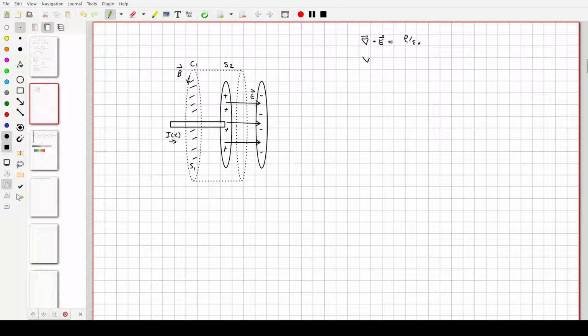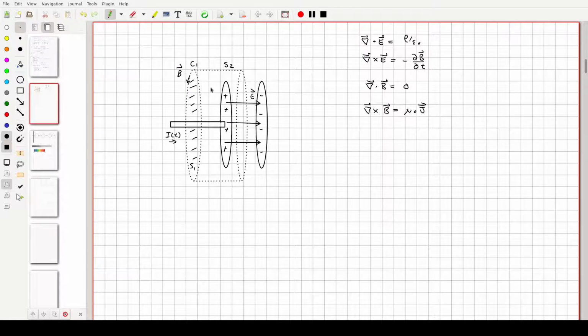I have del cross E is equal to minus dB dt. I have del dot B is equal to 0. And then I have del cross B is equal to mu naught J.